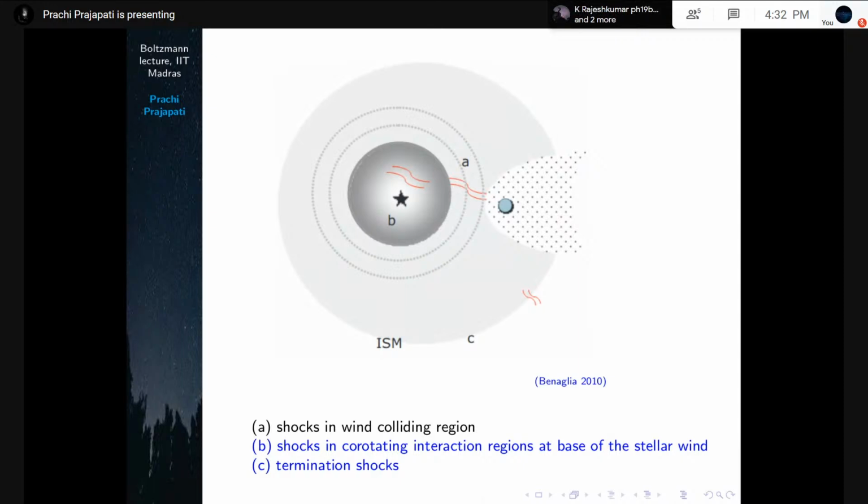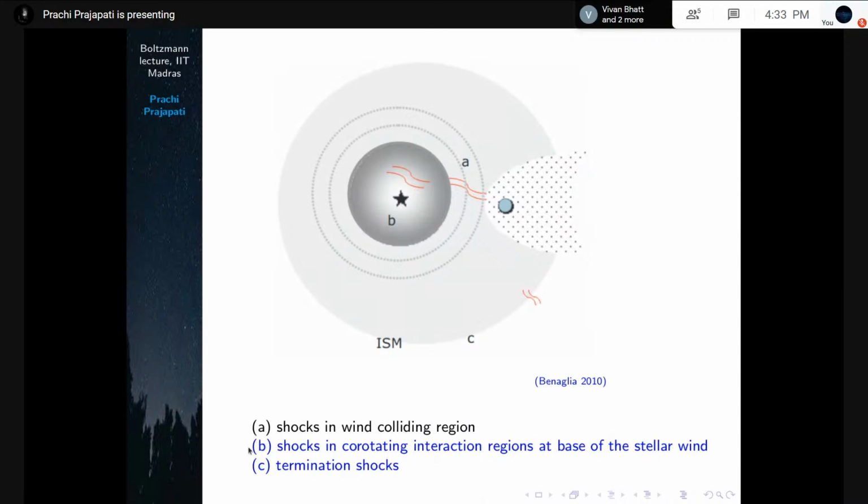Now, why are we looking for particle acceleration in isolated stars? Theoretically, if we can confirm that yes, they can accelerate particles, then we can propose observations further. If we see this figure, which is a general figure with two massive stars, the first scenario is due to wind collision, which I have already explained.